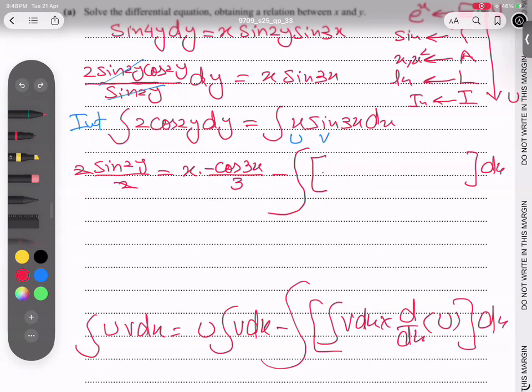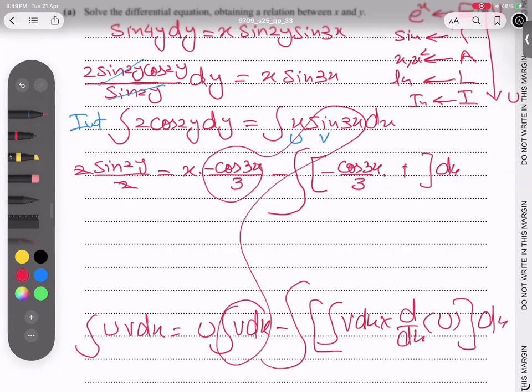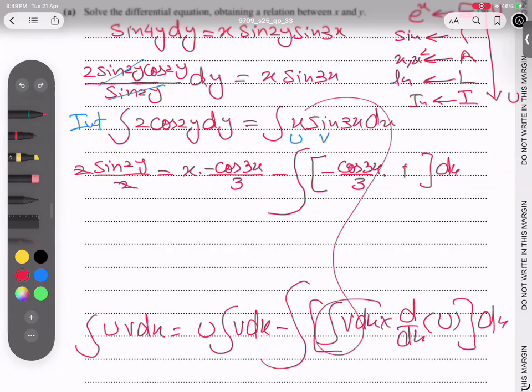I'm writing directly negative cos 3x by 3 times the derivative of x, and that is 1. I have done this somewhat directly, but I think it is understandable. The integration of this is this one, and the derivative of u, which is x, is 1. So this part is very, very clear.